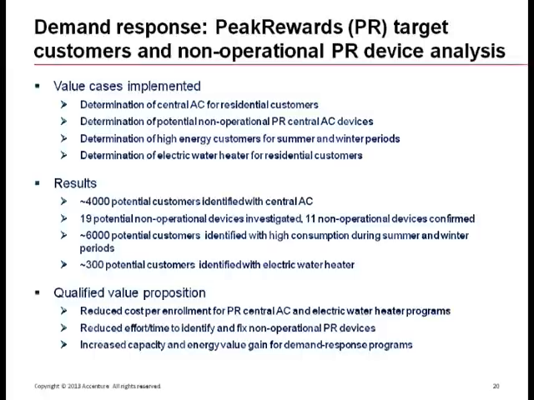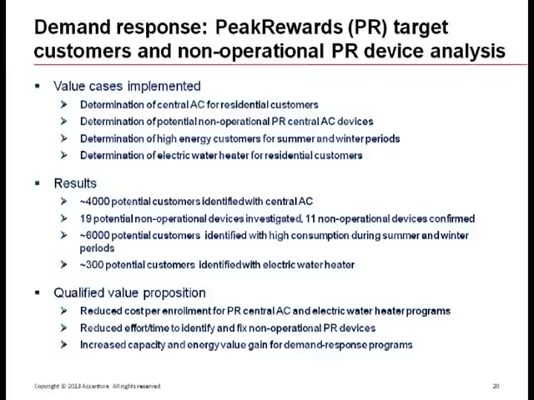And some of the demonstrated value propositions for demand response business areas are reduced cost per enrollment for peak reward central AC and electric water heater programs by targeting right customers. So now we have more visibility into the right customers, so that can help us reduce cost per enrollment. Reduced cost to identify and fix non-operational peak reward devices by targeted field activities.